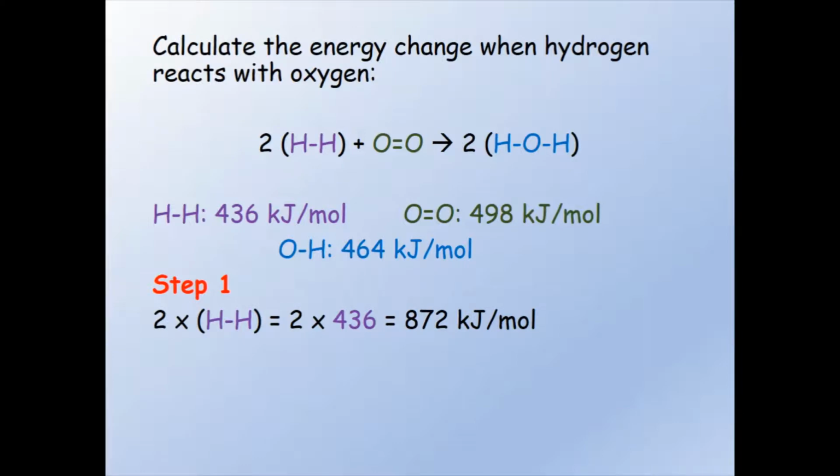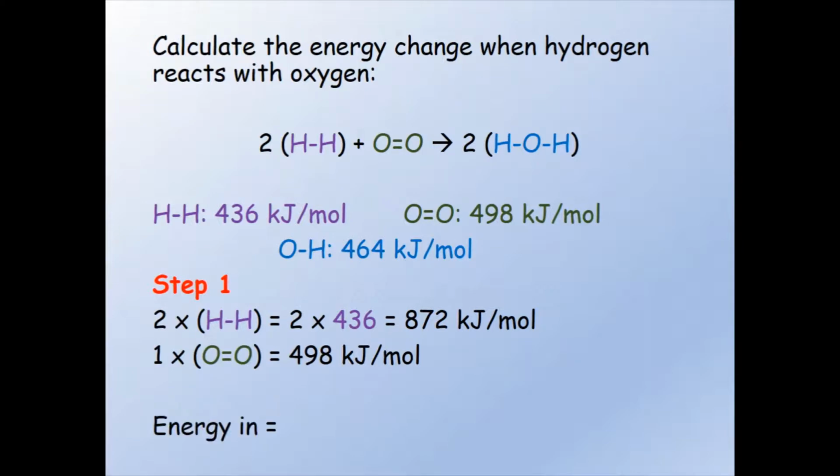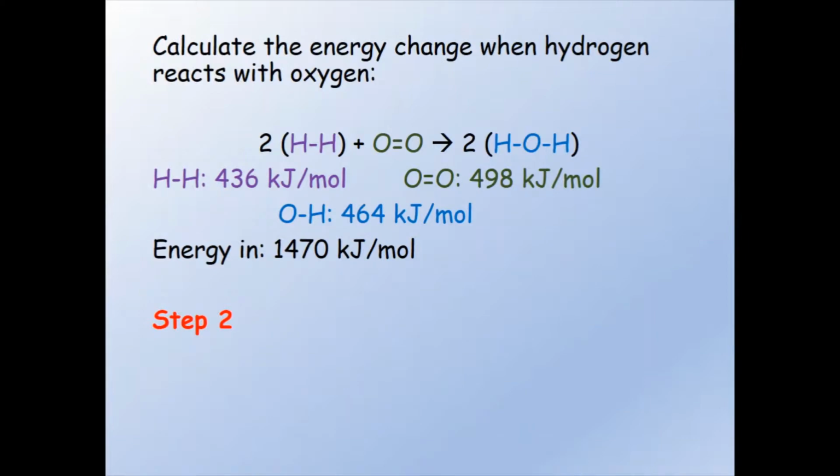This gives us 872 kJ per mole. And then there's only 1 oxygen-oxygen bond, so this is 498 kJ per mole. And finally, to get all the energy in of the bonds that are broken, we have to add both of these together. So we have 872 plus 498, which gives us 1470 kJ per mole. So we have to remember this number for later.